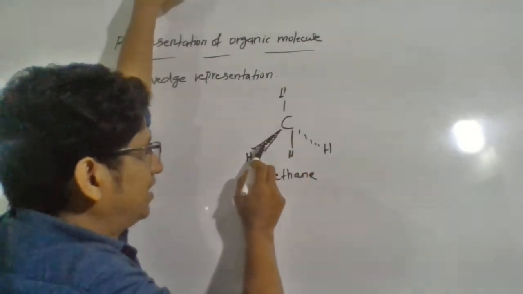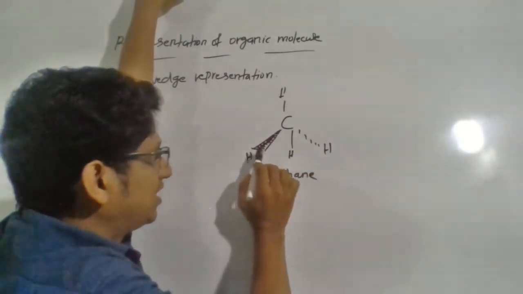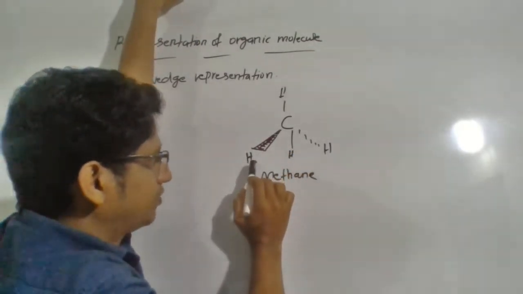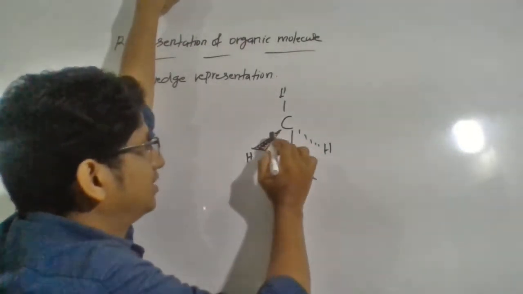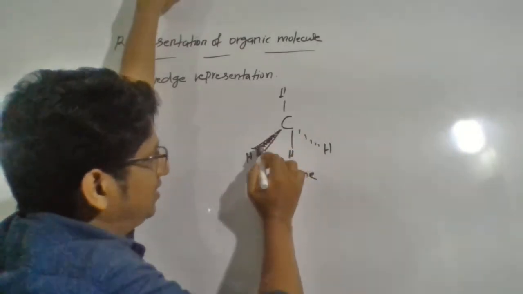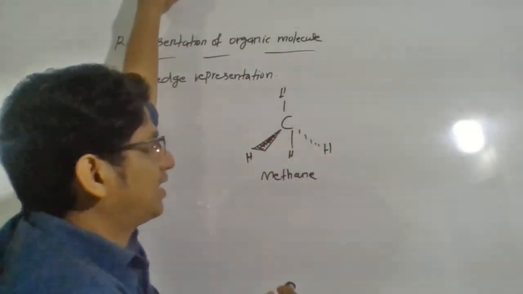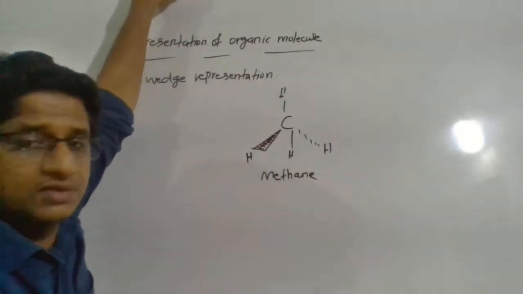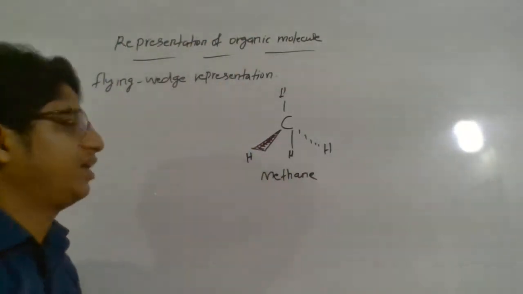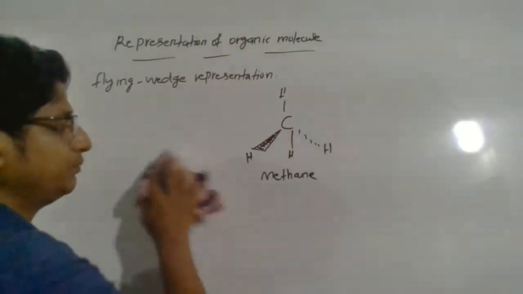Generally the thick part is the lower end and the thin part is the upper end, attached to the carbon atom. That's one of the ways we generally use the flying wedge representation.